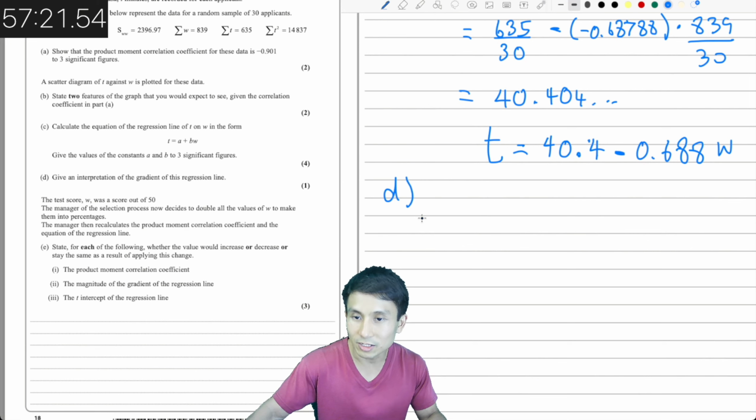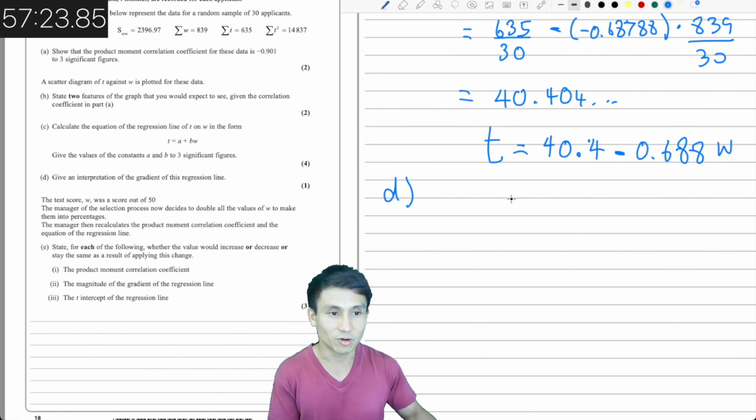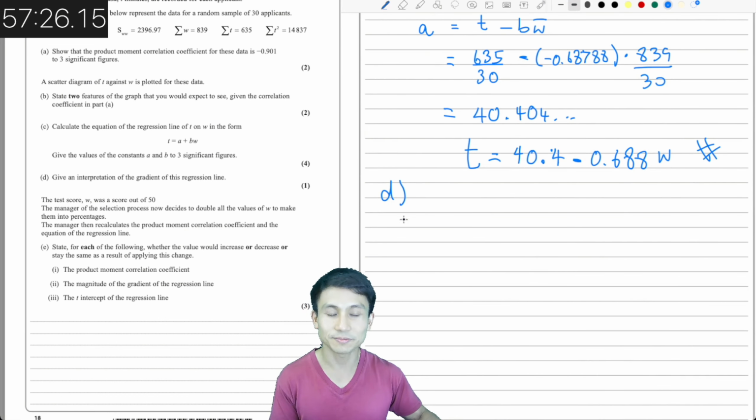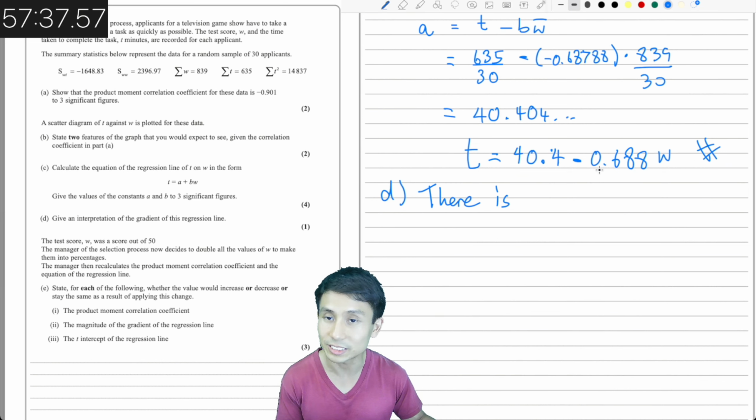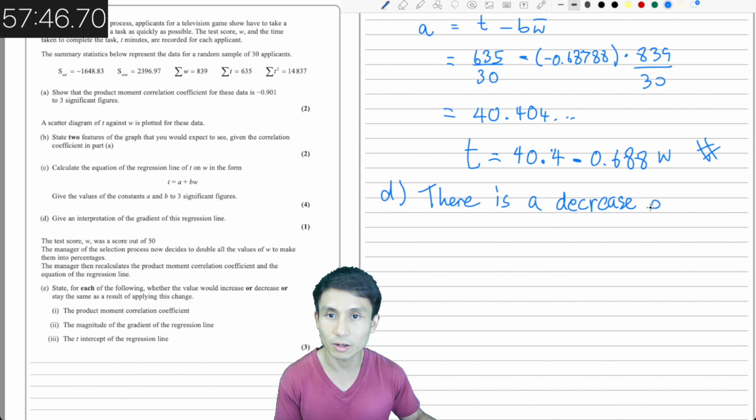And D, give an interpretation of the gradient of this regression line. So we take this gradient here. This is a decrease of T value for every 1 unit increase of W. There is a decrease of 0.688.